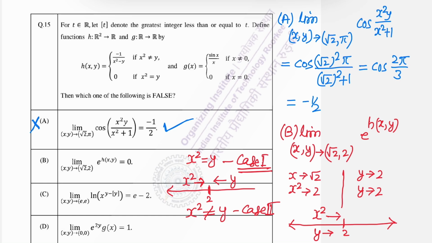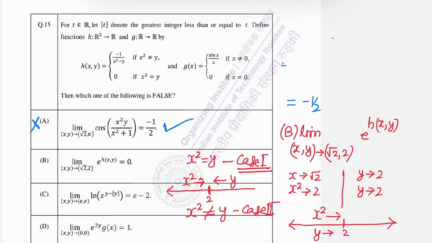So I erase what you see on the screen in blue to make a space. Here I erased option A because we already have done the work for it. So now in B the limit is this one.